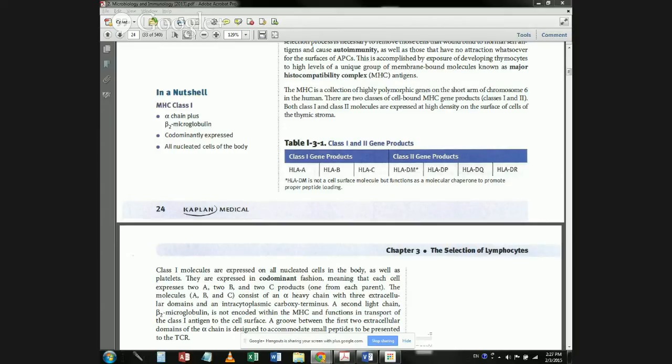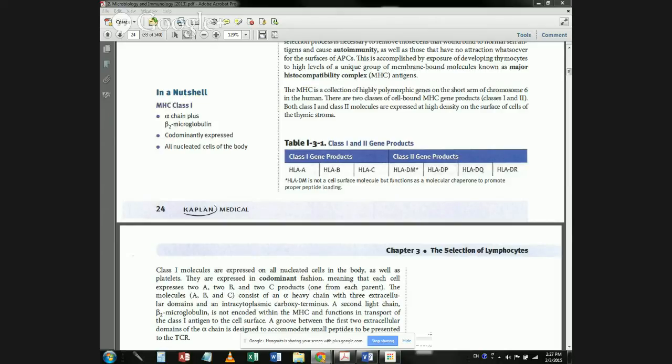Class 1 gene products would be HLA-A, HLA-B, and HLA-C, whereas MHC class 2 gene products would be HLA-DM, HLA-DP, HLA-DQ, and HLA-DR.